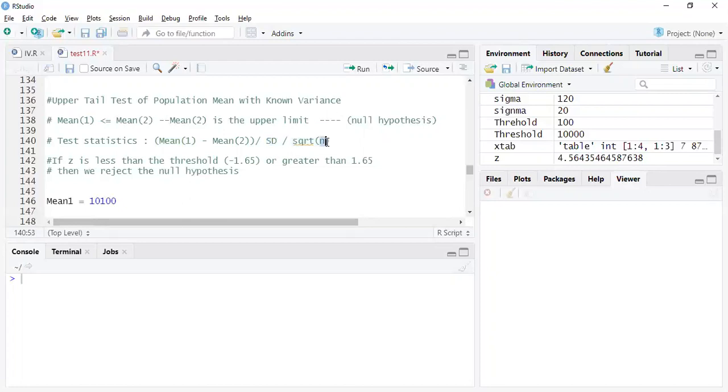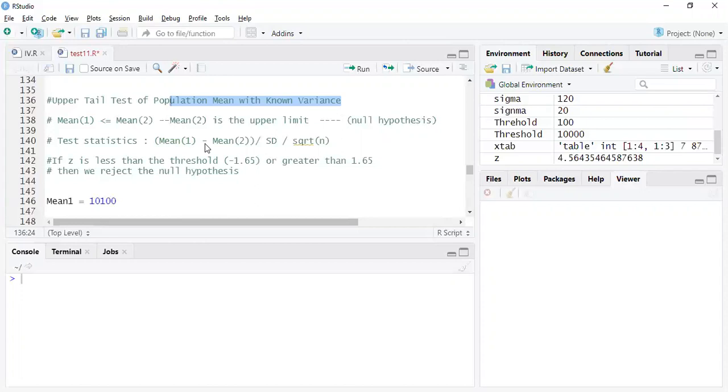N is the number of observations. The standard deviation is just the square root of the variance, right? That's known to us, which is why it's called known variance. So that's the test. We'll take an example. It's a very easy example. It can be used in many applications.